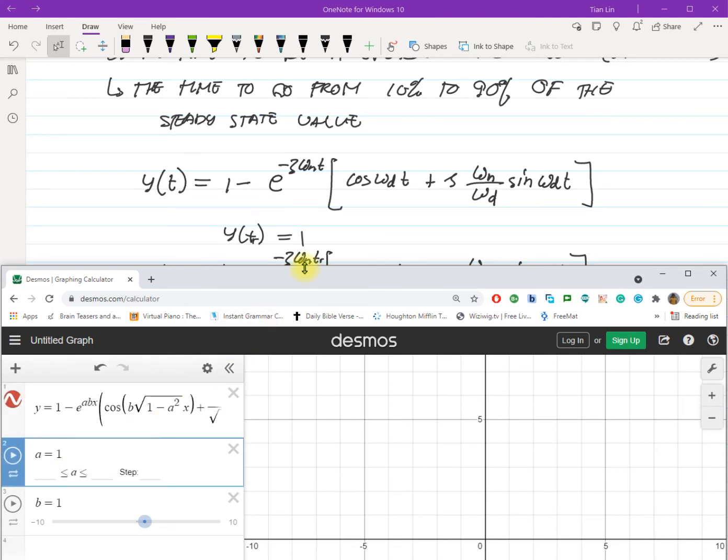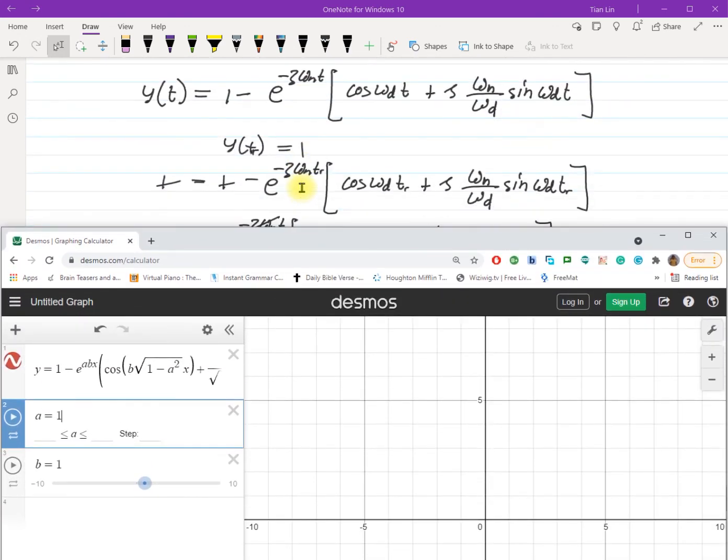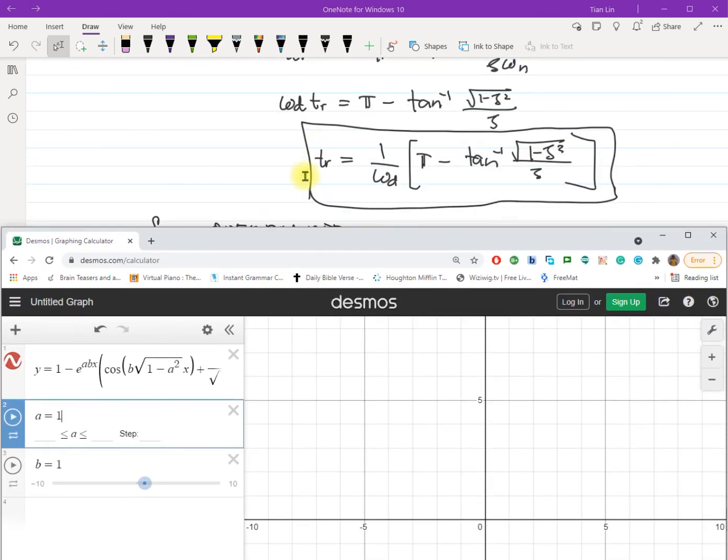Now we can put values for a and b. Remember, a is the damping ratio, while b is the natural frequency. So we can set the value for the damping ratio. It should be less than 1, because we are dealing with an underdamped system.